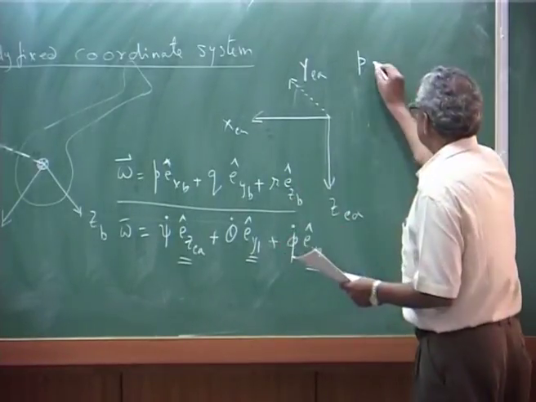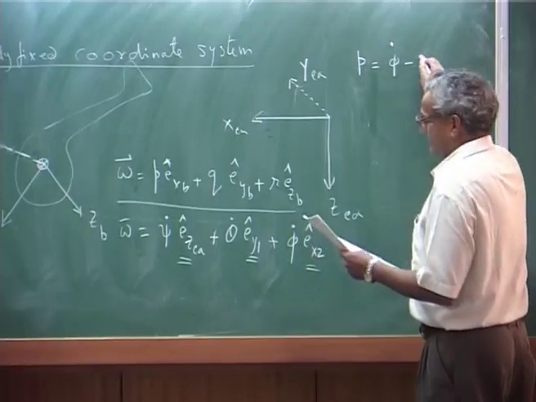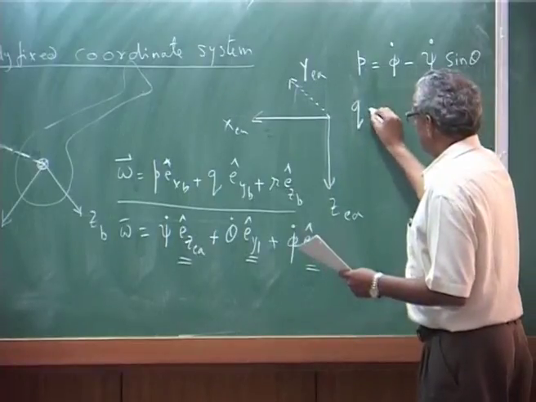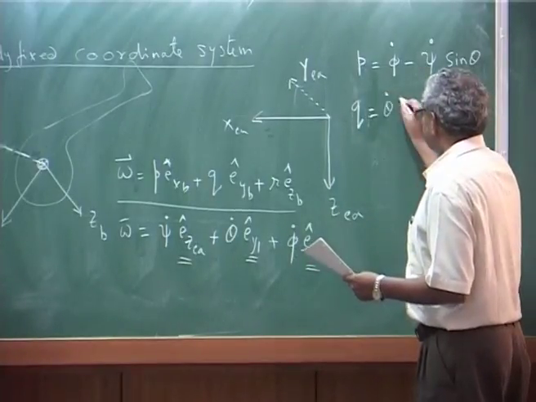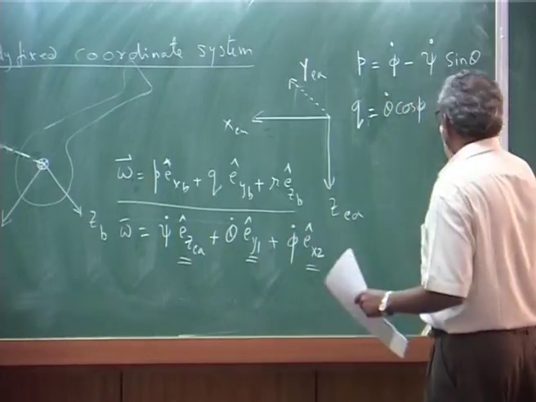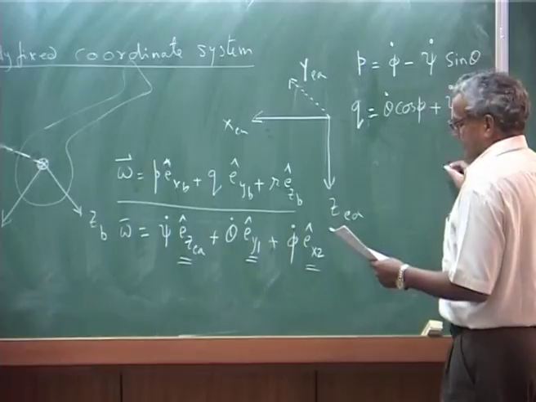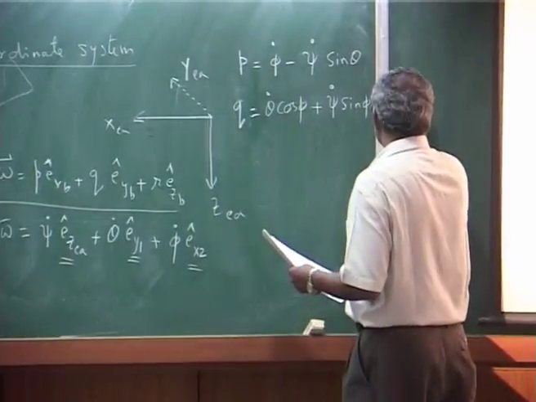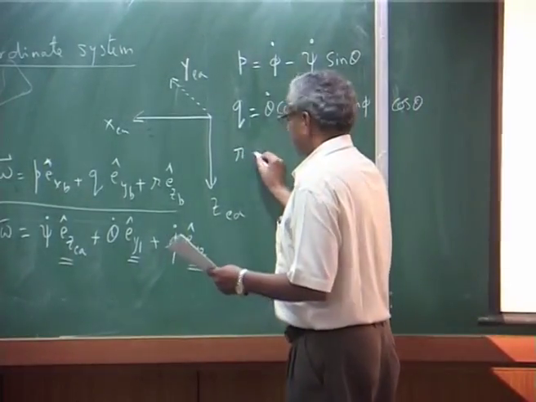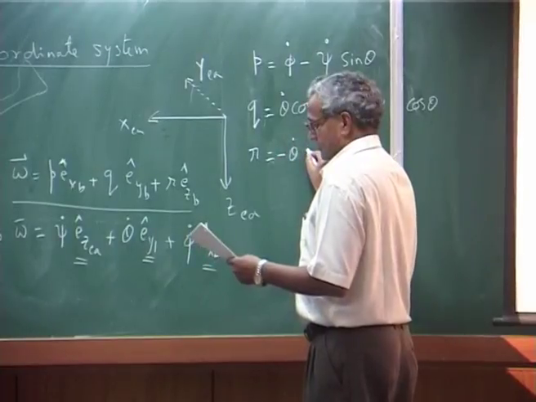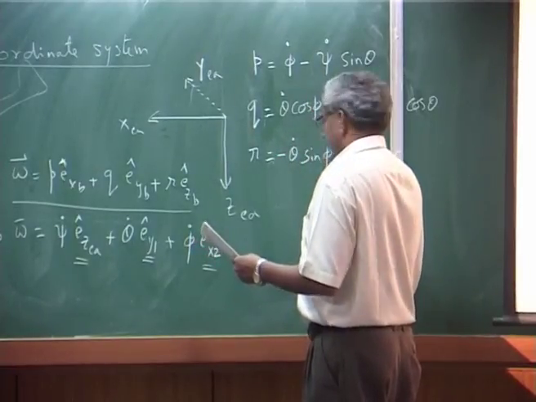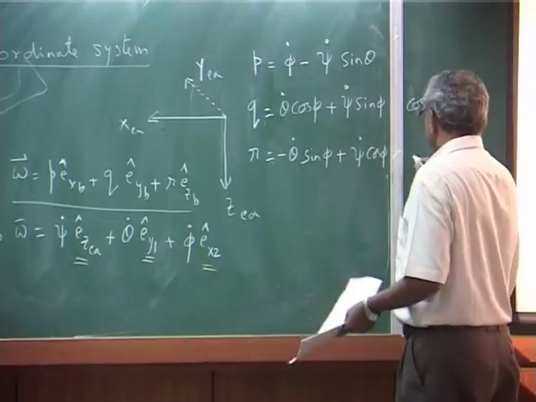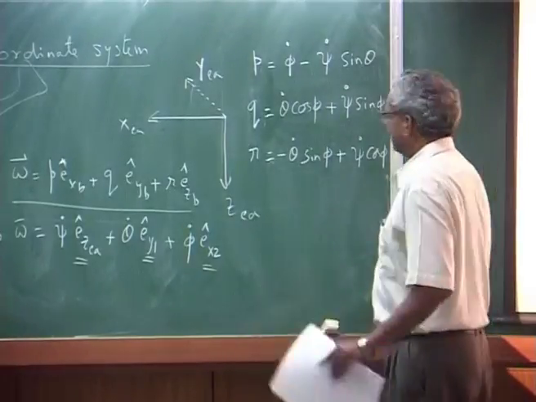Okay. You will get P equals phi dot minus psi dot sin theta, and Q equals theta dot cosine phi plus psi dot sin phi cosine theta, and then R is minus theta dot sin phi plus psi dot cosine phi cosine theta.